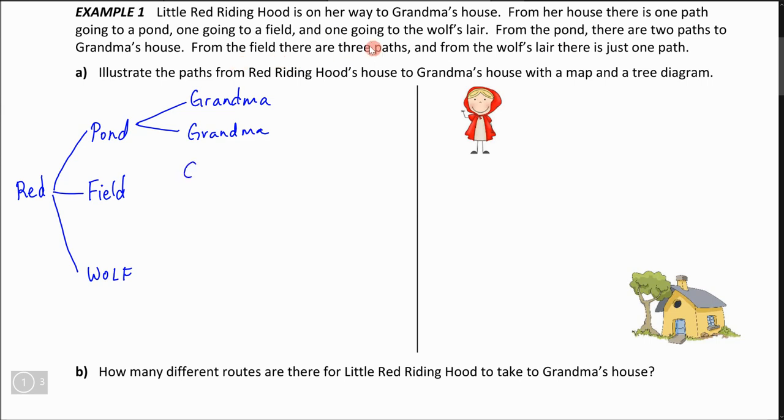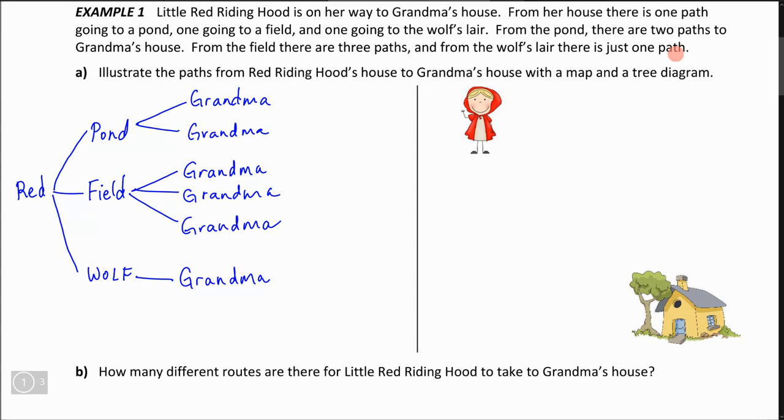So I'm going to have to show that there are three ways to get to Grandma's house. So Grandma, Grandma, and Grandma. So three paths, three more branches, 1, 2, 3. And finally, there is from the wolf's lair just one path to Grandma's house. So down here, I'll show one more time Grandma and show one branch extending.